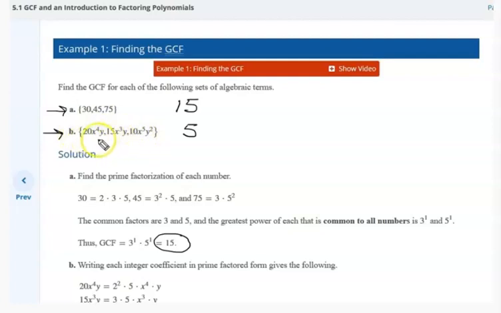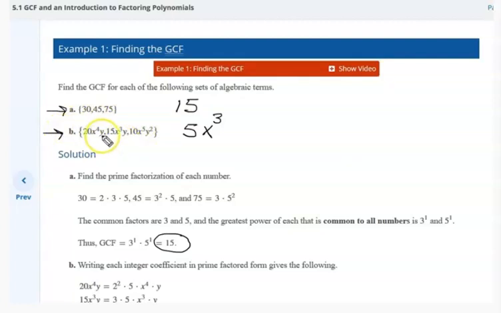Now, the next thing we do is look at the letters. This is x to the fourth, x to the third, x to the fifth. Now, which power of x can you take out of each term? Think about it. And if you said x to the third, you're correct. You've got to take out the greatest common factor.